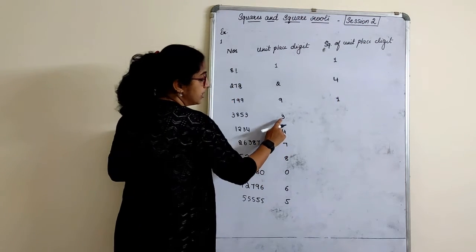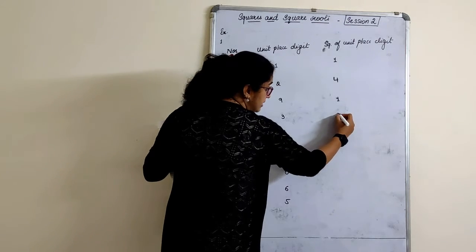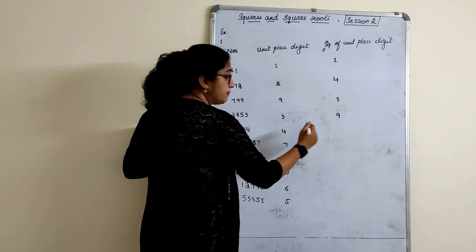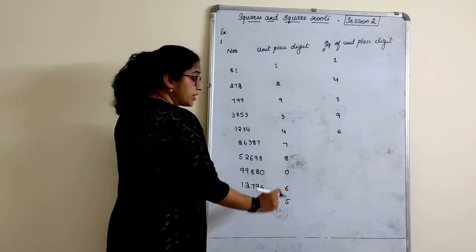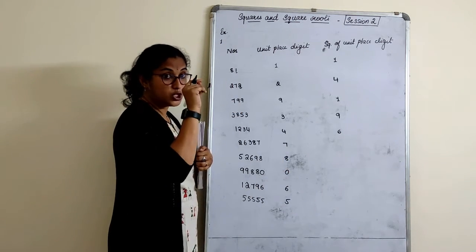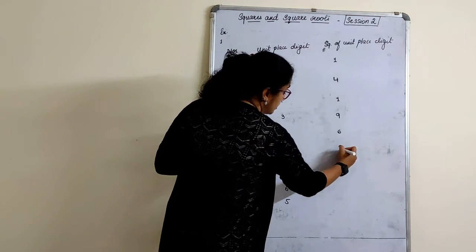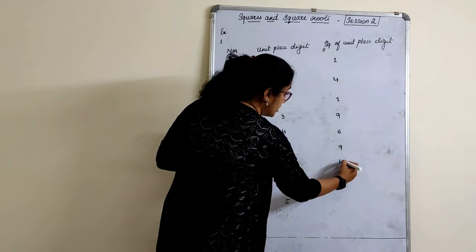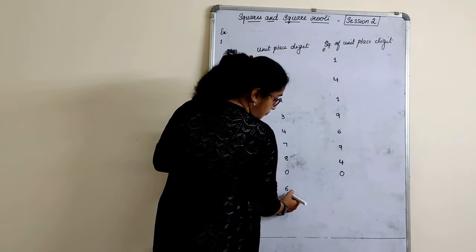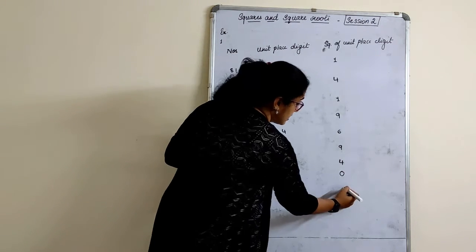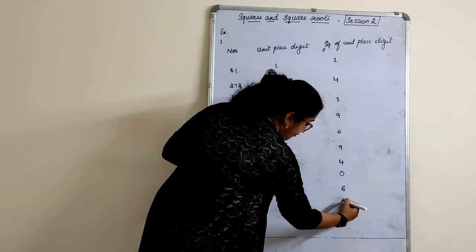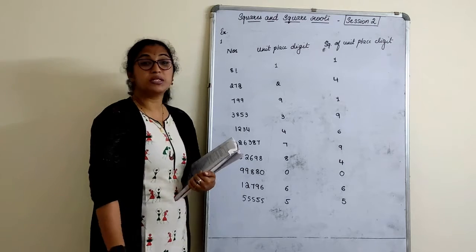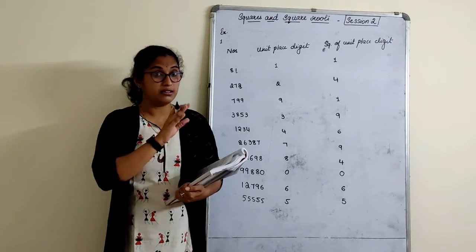Unit place is 1. 3 3s are 9. 4 4s are 16, so 6 will be there in the unit place. 7 7s are 49, so 9 is in the unit place. 8 8s are 64, so 4 in the unit place. 0. 6 6s are 36, 6 in the unit place. 5 5s are 25, 5 in the unit place. So I've just made a tabular column here to write the whole thing.